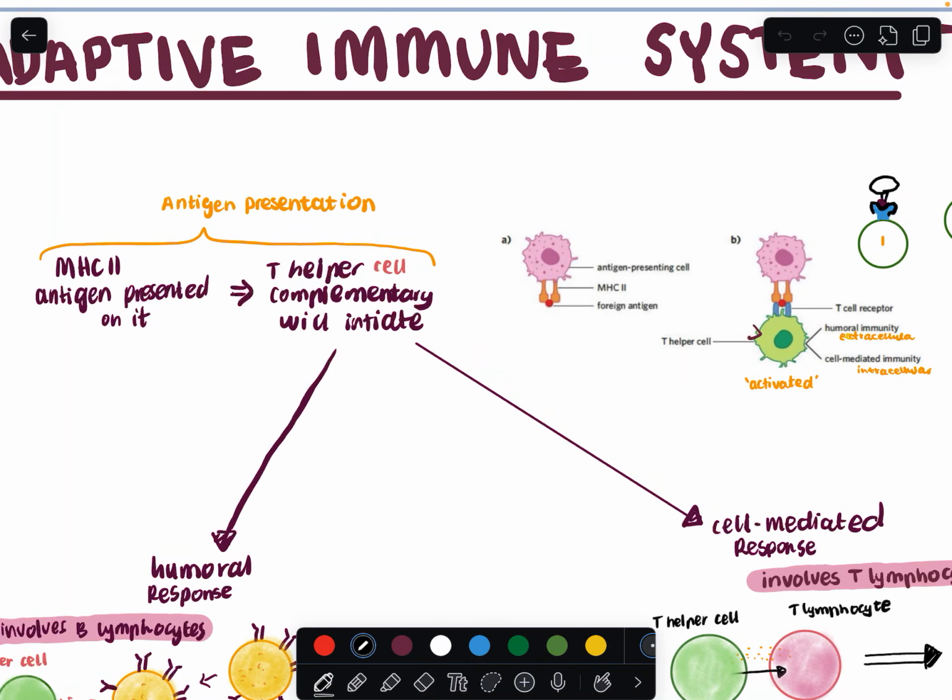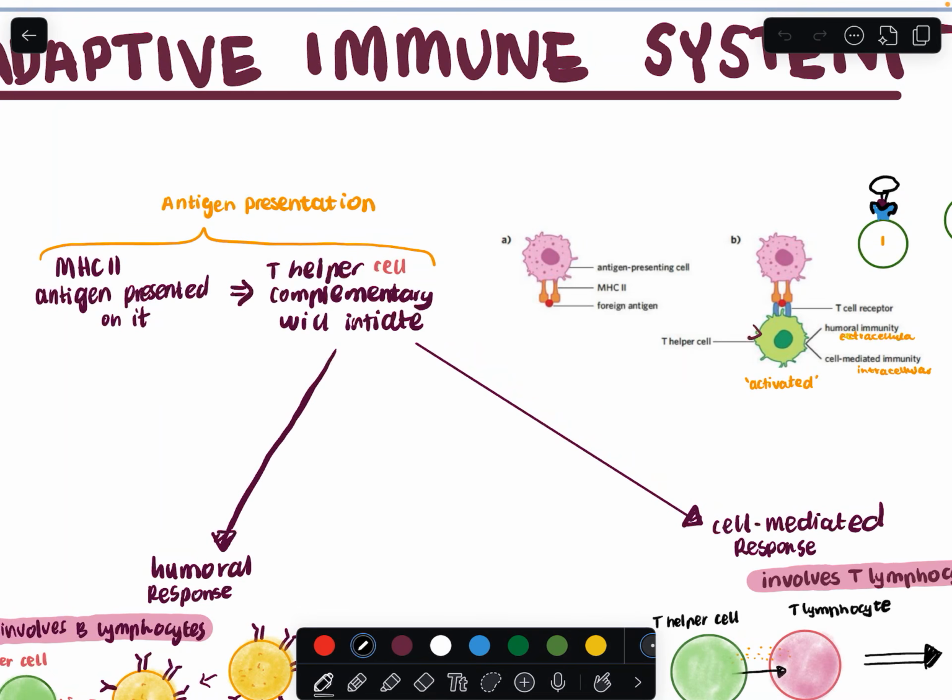These are two that we learn about in VCE Biology: dendritic cells and macrophages. Both are phagocytes and antigen presenting cells. They present antigens on their MHC2 marker to T helper cells.